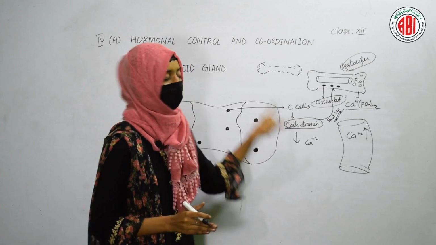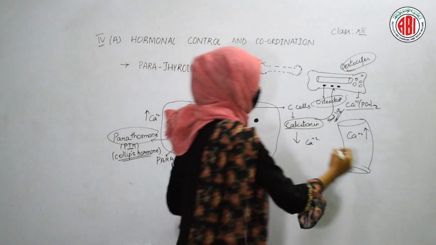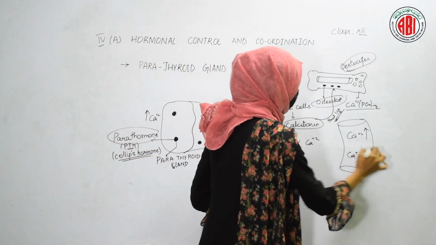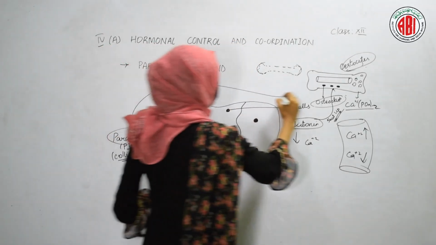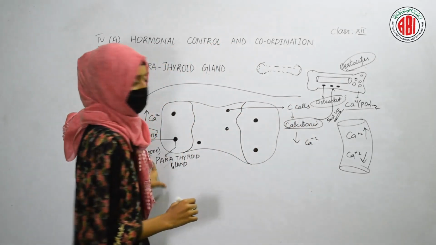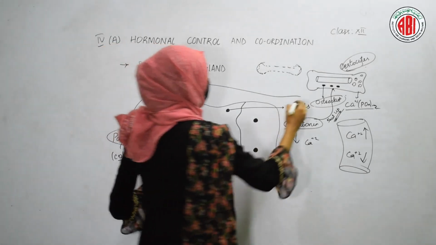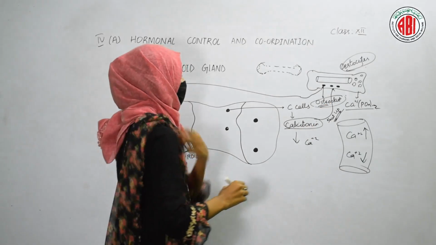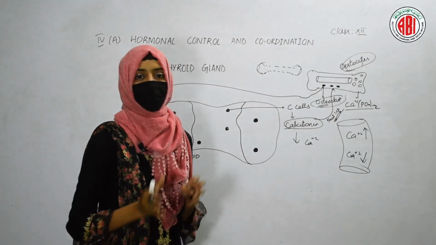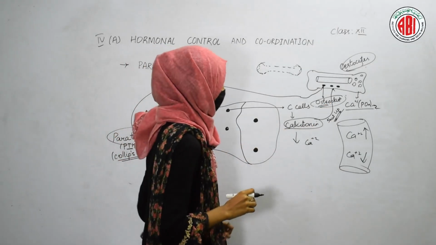But if the calcium level in the blood decreases, then parathormone is secreted by the parathyroid gland, and when it is released, it will come and also act on osteoclasts. This parathormone opposes the action of calcitonin.